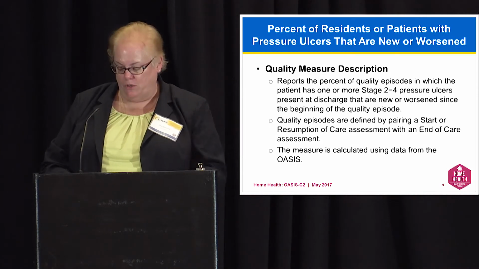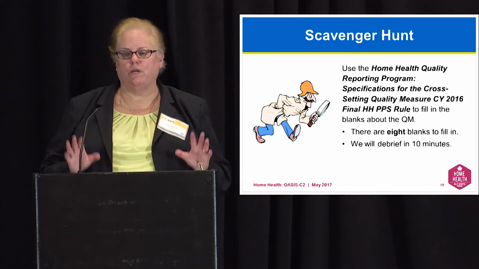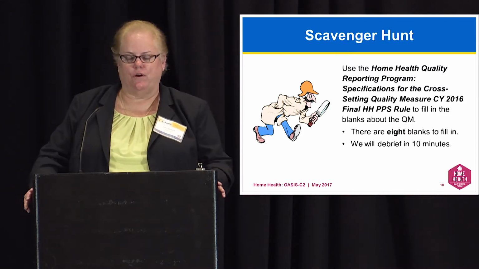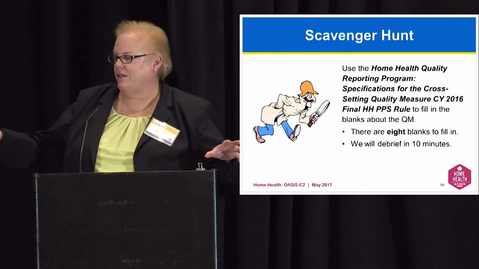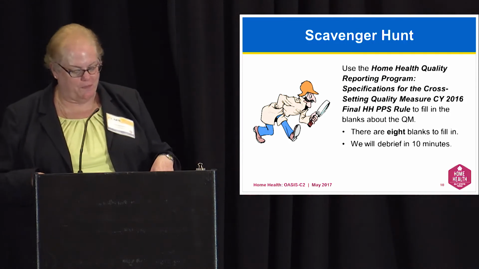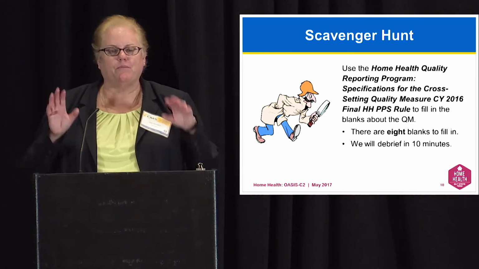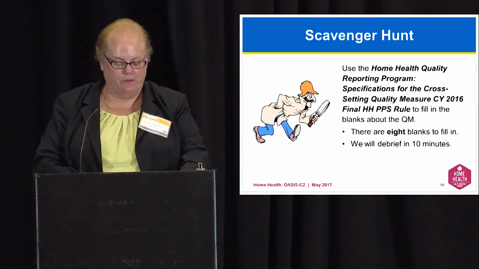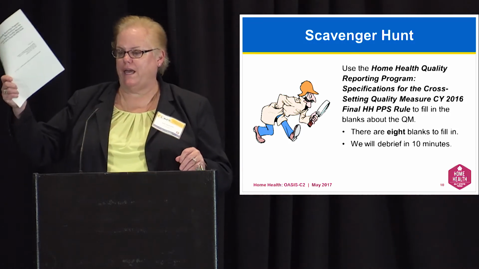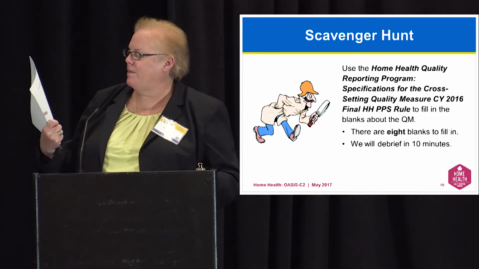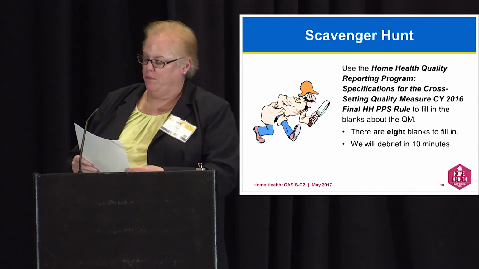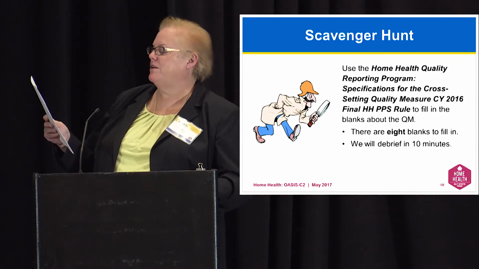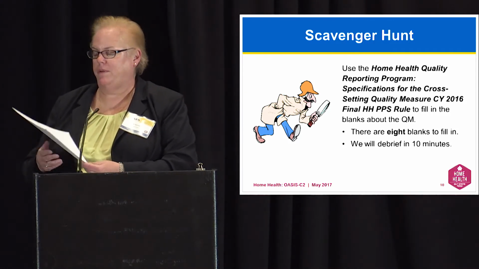So what I'd like to do is we're actually going to do a scavenger hunt. It's not literally like a scavenger hunt when you're a kid where you're going to go find things around the hotel. We're going to stay in this room, but we are going to do a scavenger hunt. And in preparation, we need a few things. On your tables, in the center, there should be a couple of copies of the Home Health Quality Reporting Program specifications for cross-setting quality measures, calendar year 2016, final home health PPS rule.